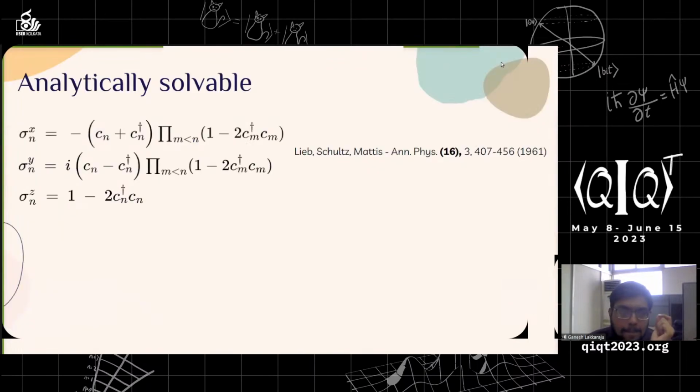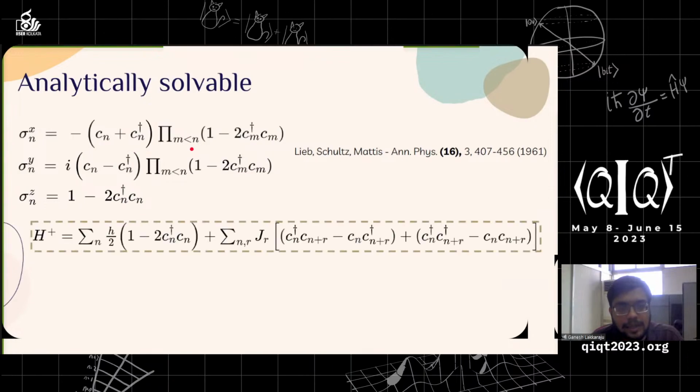and can be engineered with extremely high precision. The main advantage of this model is that it is analytically solvable, with the method initially prescribed by LSM. It essentially maps every spin to spinless fermions by a map called the Jordan-Wigner transformation, and then the initial Hamiltonian maps to something that looks like this, where J_R is essentially 1 over R power alpha.